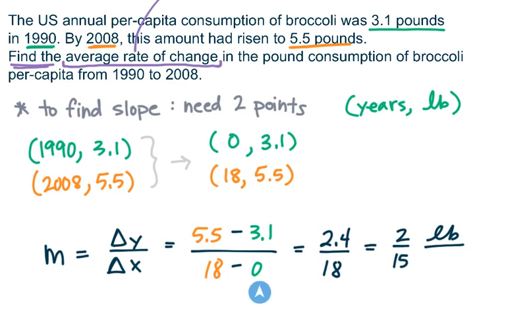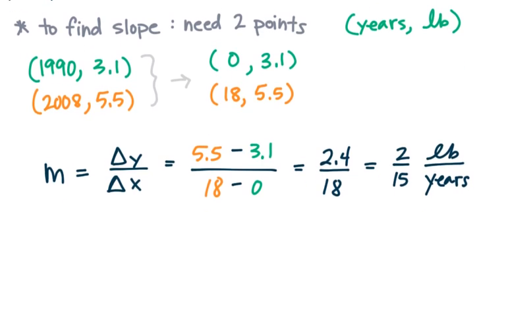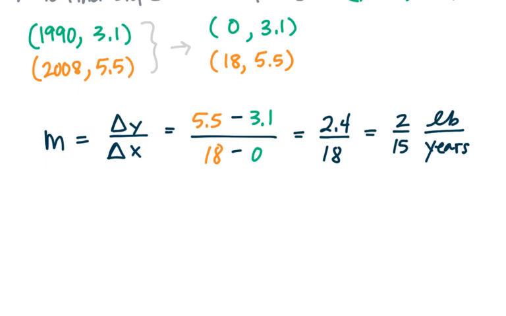And 18 and 0 are representing years. So if I take that 2/15 and plug that into my calculator, I get a decimal which does not terminate, 0.133. We get a repeating 3 there. So that is pounds per year once we divide that out.